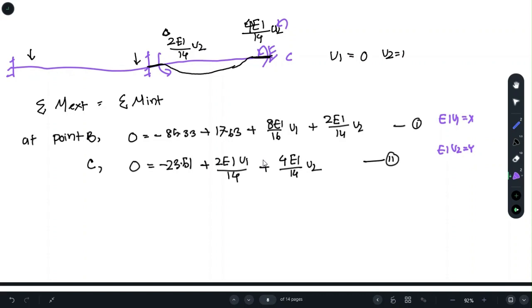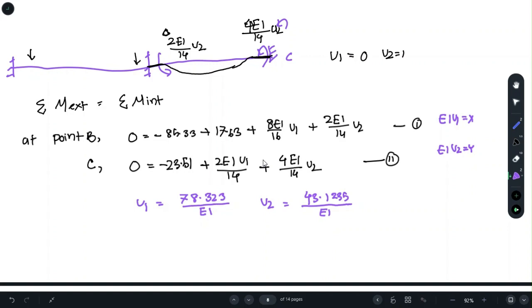After solving, u1 is 78.32332 over EI, and u2 is 43.135 over EI.